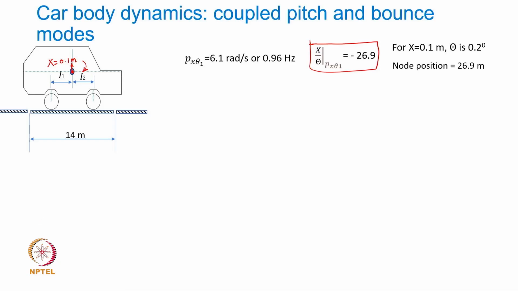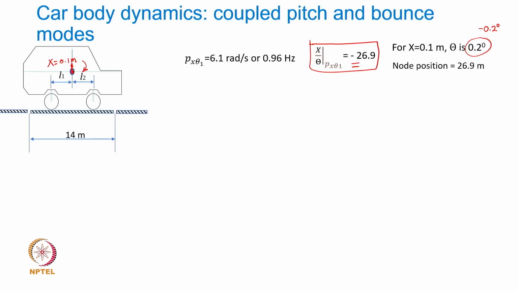what does that mean? That if I move it by 0.1 unit, the pitch is going to be 0.2 degrees. But more correctly, this has to be minus 0.2 degrees if x is pushed upward by plus 0.1, because this ratio is minus 26.9.